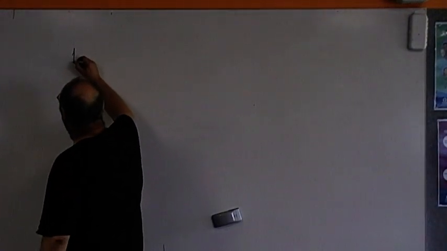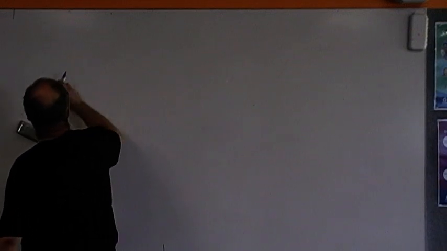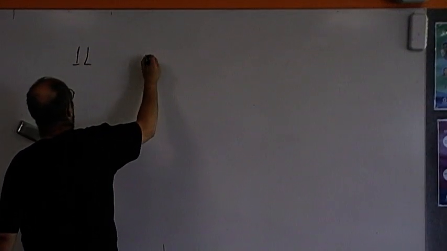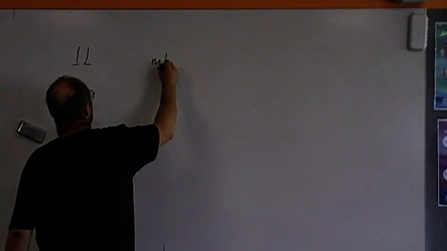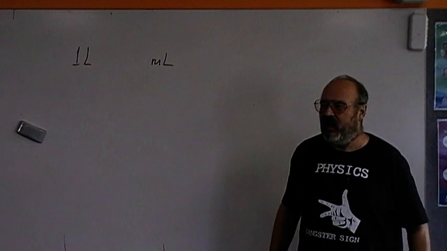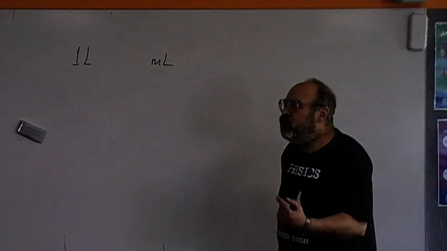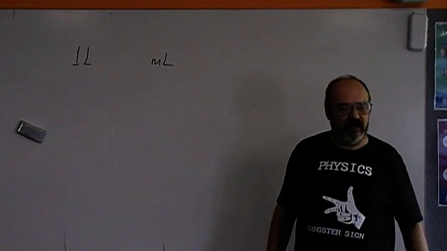And for 1 milliliter, what is the relation between 1 liter and milliliter? What does the prefix milli mean? Milli means thousand. A millimeter is a thousandth of a meter.